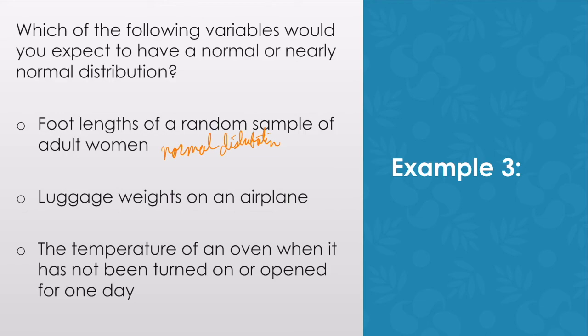I want to fill that bag to the brim, so I'm going to say this is not normal. And most people, I think, overpack. And then the temperature of an oven when it has not been turned on or opened for 1 day. Well, that's something that occurs naturally. It's probably really boring and stayed about the same temperature. So I'm going to go with a nearly normal distribution.